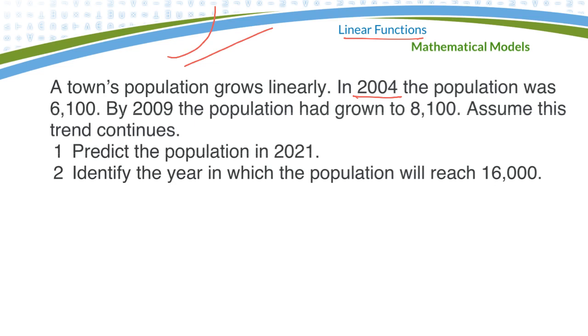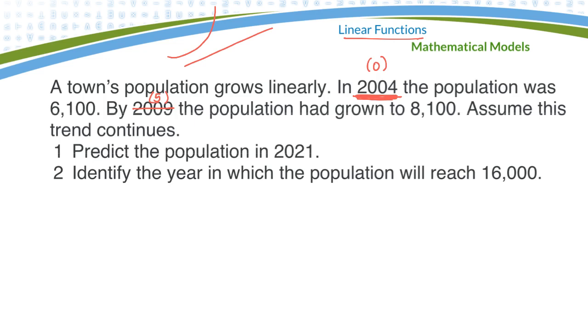Instead of using a date, and you'll see that in lots of other examples in your homework, they'll say that's ground zero, or we'll call that year 0. So in year 0, the population was 6,100. 5 years later, so instead of using 2009, I'm going to use 5, the population grew to 8,100. Assume this trend continues, predict the population, and identify when the population will reach 16,000.